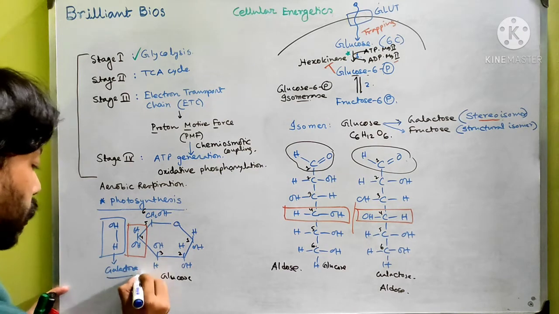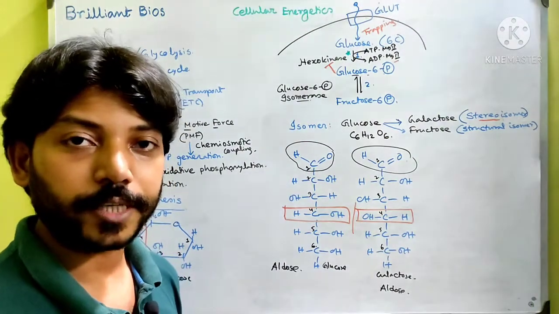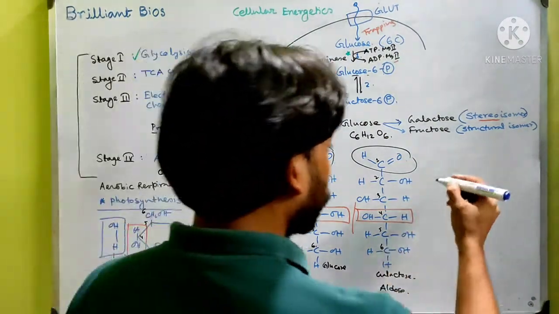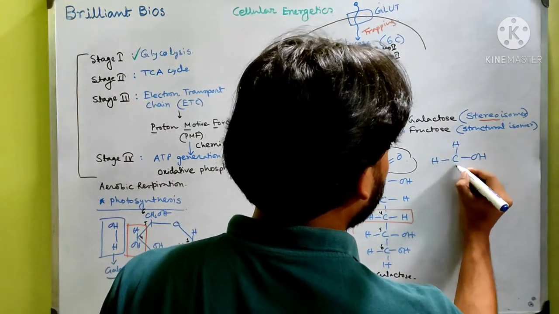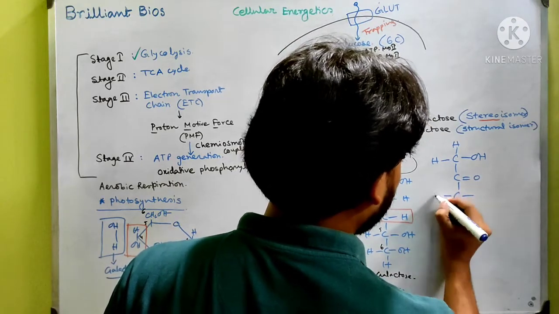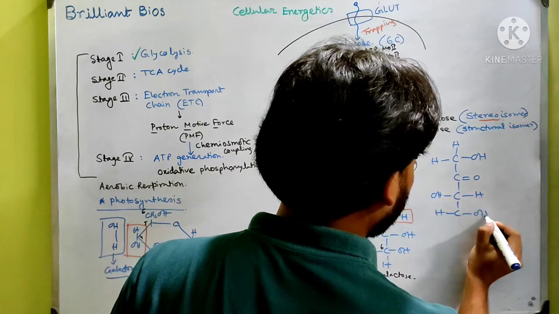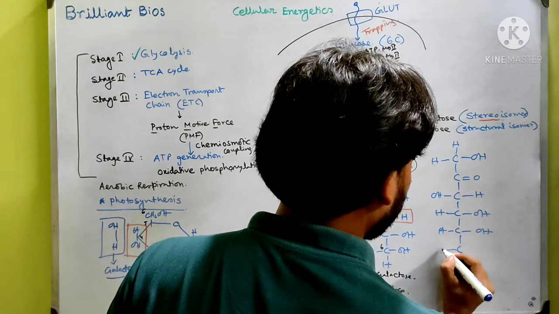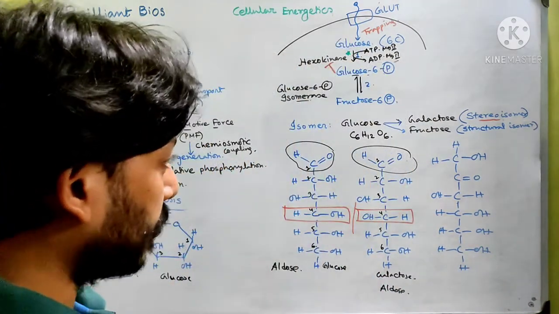They are stereoisomers. Now if I draw the linear structure of fructose, the structure will be like this.